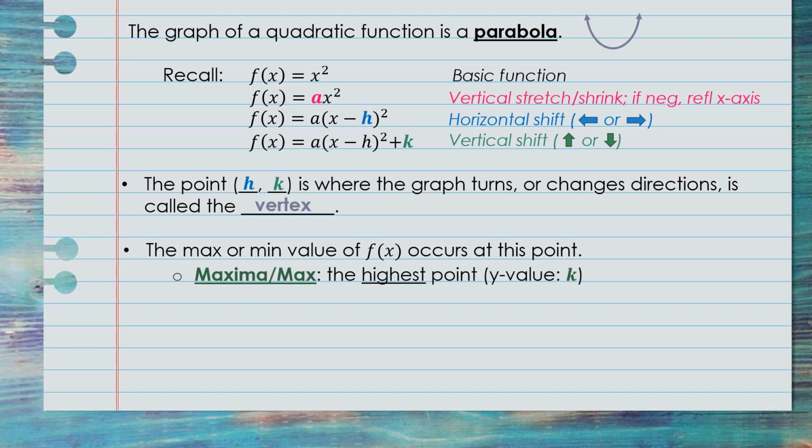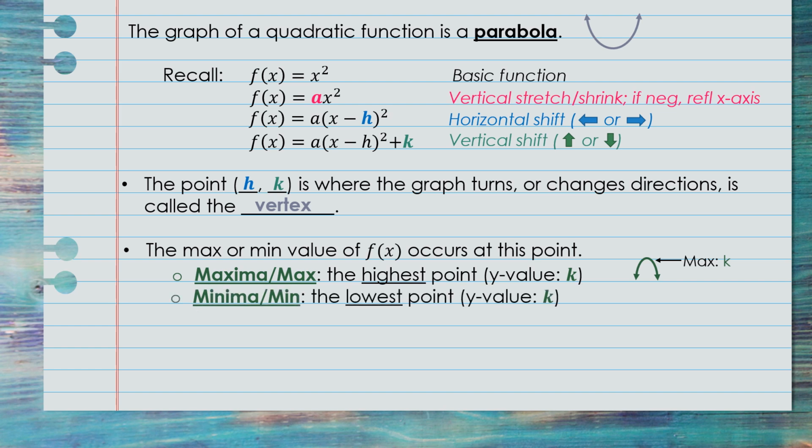Maxima, or max, is the highest point, and since it's the highest point, it is represented by the y value known as k. Now, if you were to have a maximum, that means that the graph must be facing downwards, and it has one particular high point, which we would call the max, which is represented by your k value.